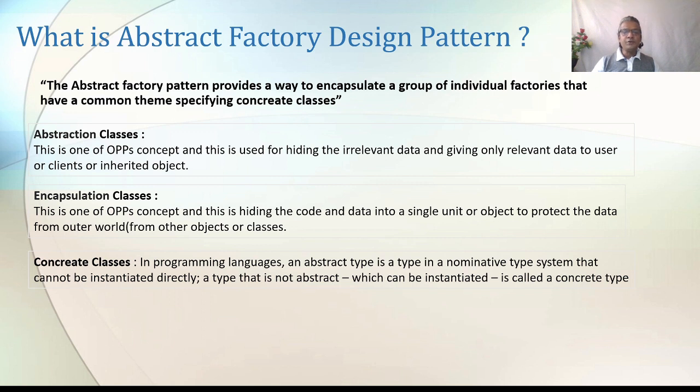We have to use a concrete class, that is, the derived class. Please understand these three definitions. This is very important to understand the function flow in our next slide.